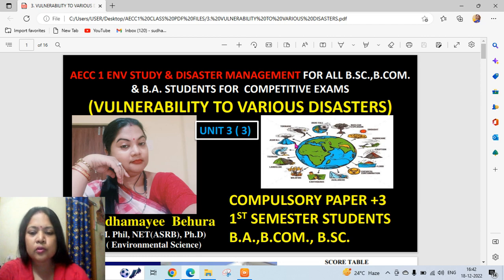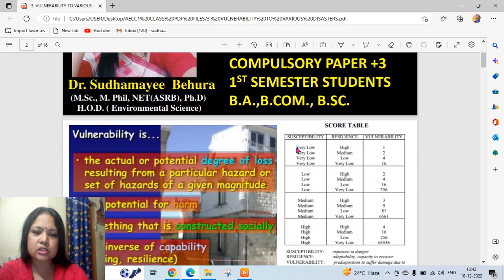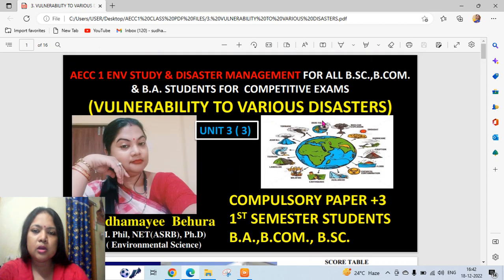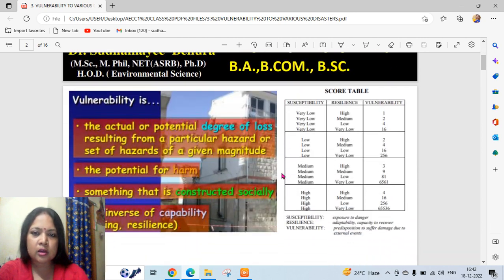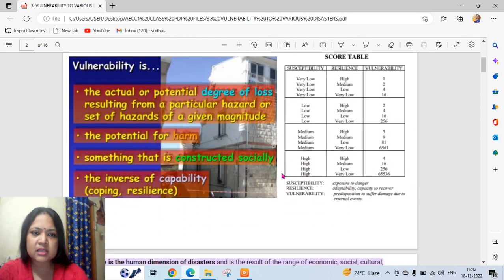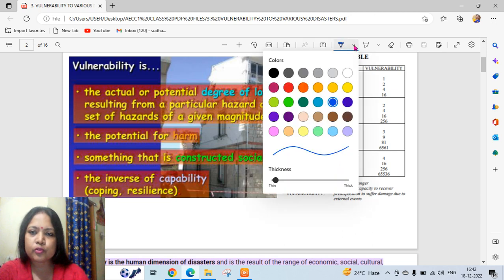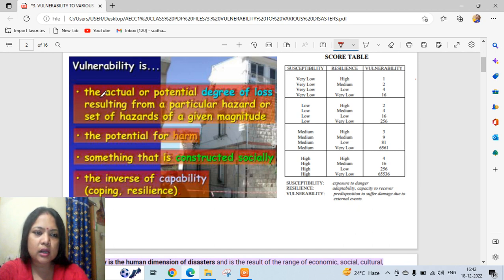So without any further delay, let us start our discussion. Before going to the vulnerability to various disasters, I would like to revise what we mean by vulnerability. Vulnerability is the actual or potential degree of loss resulting from a particular hazard.